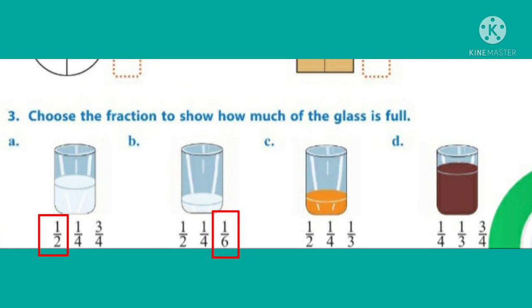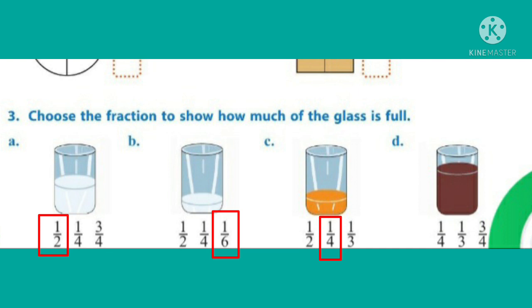Now see the question C. Look at the glass C. Is glass C filled with half of the water filled in glass A? Yes, it is exactly half of the water filled in glass A. When we compare the glass A and glass C, we will get the answer as 1 by 4th, which means it is the half of the water which is filled in A. So the answer is 1 by 4, and we can say that 1 by 4th of the glass is full.